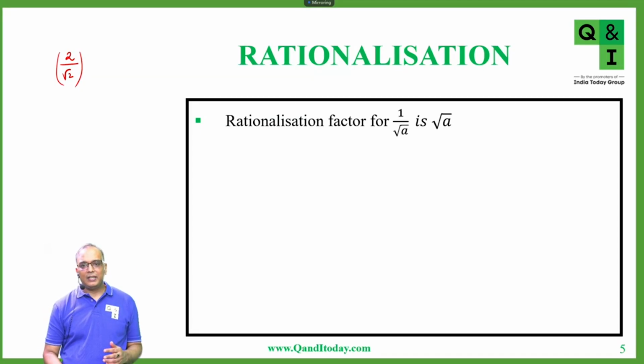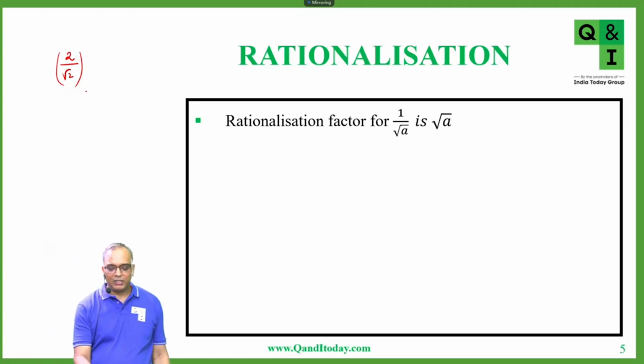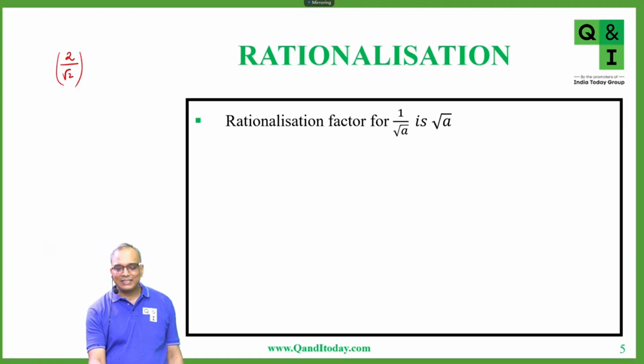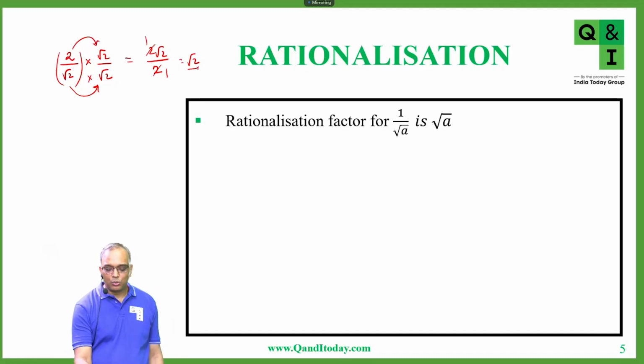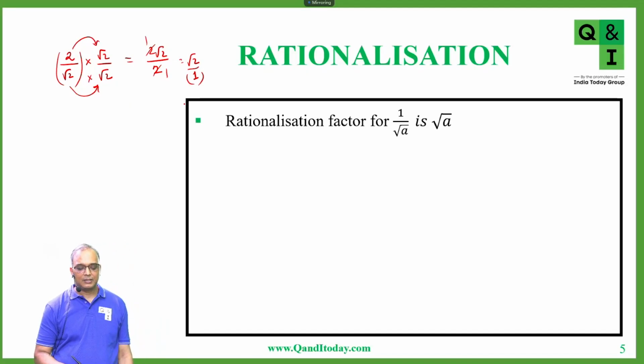The denominator should be a rational number. So to rationalize the denominator, we multiply both numerator and denominator by root 2. This will become 2 root 2 over 2. Root 2 into root 2 will give you 2, and 2 into root 2 is 2 root 2. Now this 2 and this 2 get cancelled. You will get root 2. Now root 2 by 1 has 1 as the denominator, which is a rational number, right?